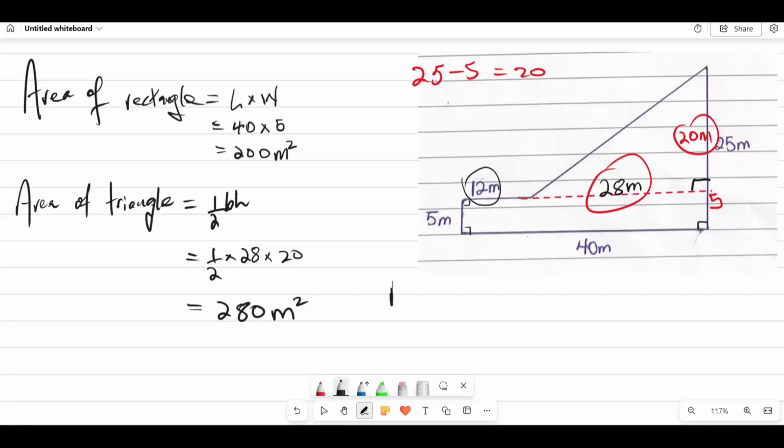So I'm just going to drop it right here, that the area of the figure is to add the area of the two shapes that we got, which is 200 for the area of that rectangle, plus 280 for the area of that triangle. So finally, we're looking at 480 square meters.